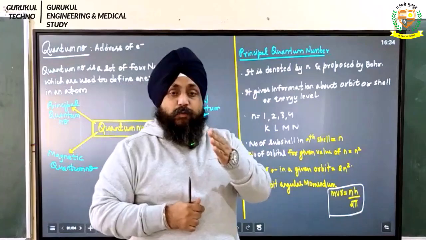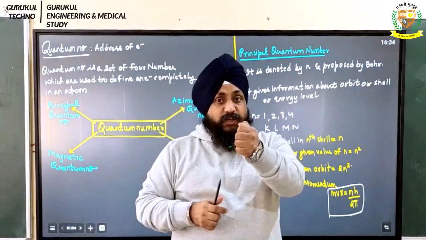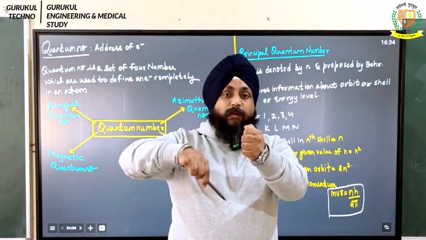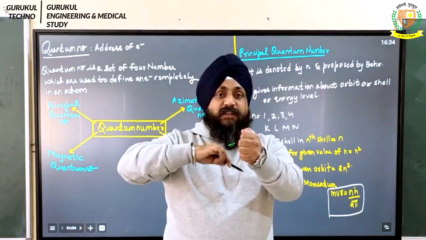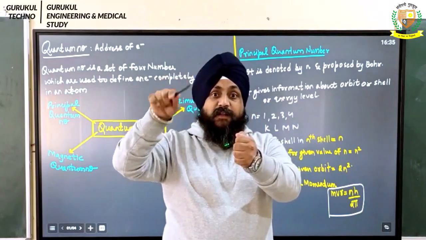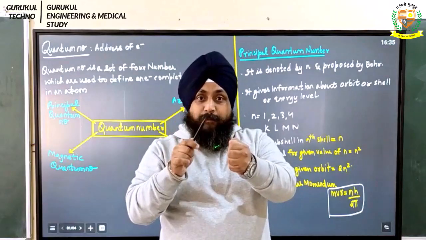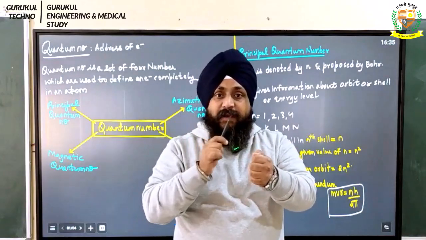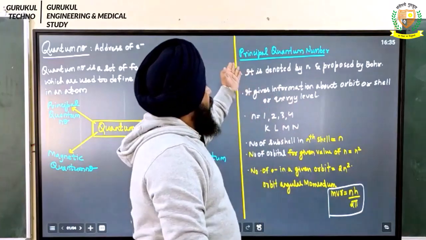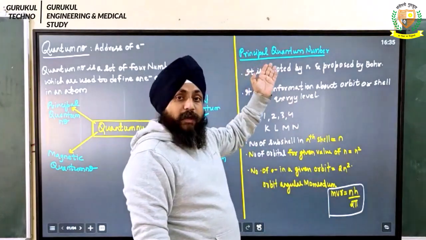Yes, what is the principal quantum number? If this is the nucleus, I say this is one orbit or one shell. Then there will be another orbit or another shell. So that shell number, that orbit number, that energy level number is given by the principal quantum number.